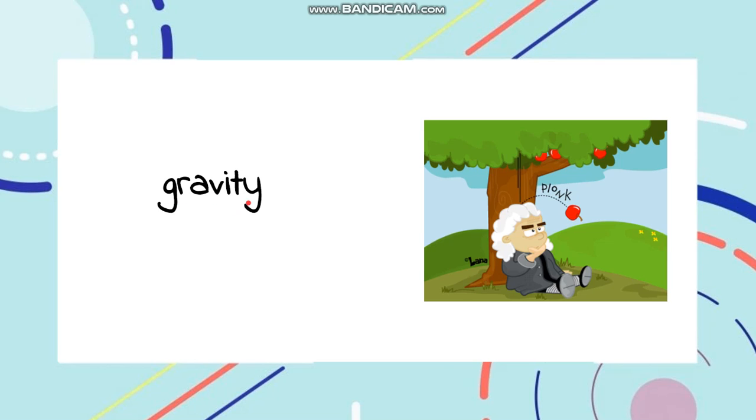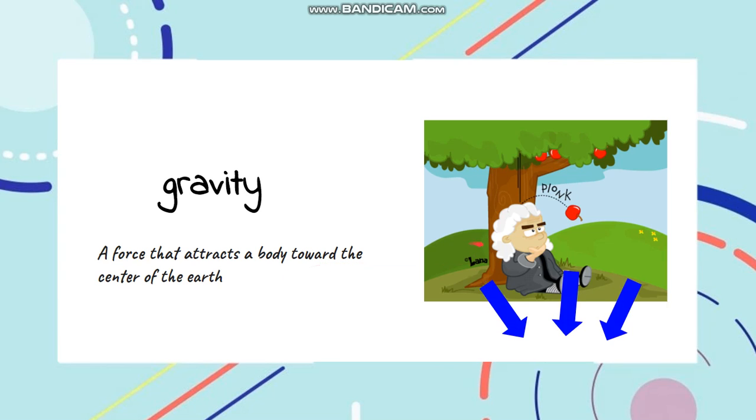It's something about our Earth. So gravity is a force that attracts a body toward the center of the Earth. I know it sounds very difficult, but think about our Earth as having a magical power. It can always pull things down to itself.